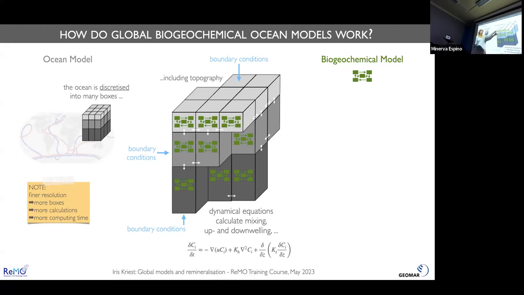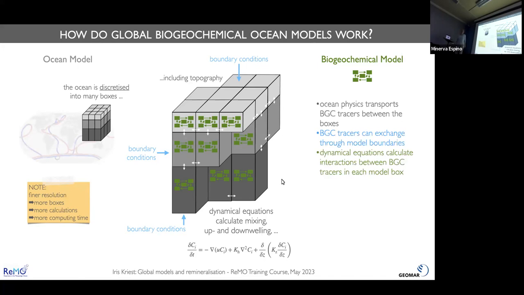So for example, here flux from nutrients to phytoplankton, from phytoplankton to zooplankton, and so on. This little biogeochemical model is computed in each of those spatially discretized boxes. And then ocean physics takes care of moving things from here to there and from here to there and so on.